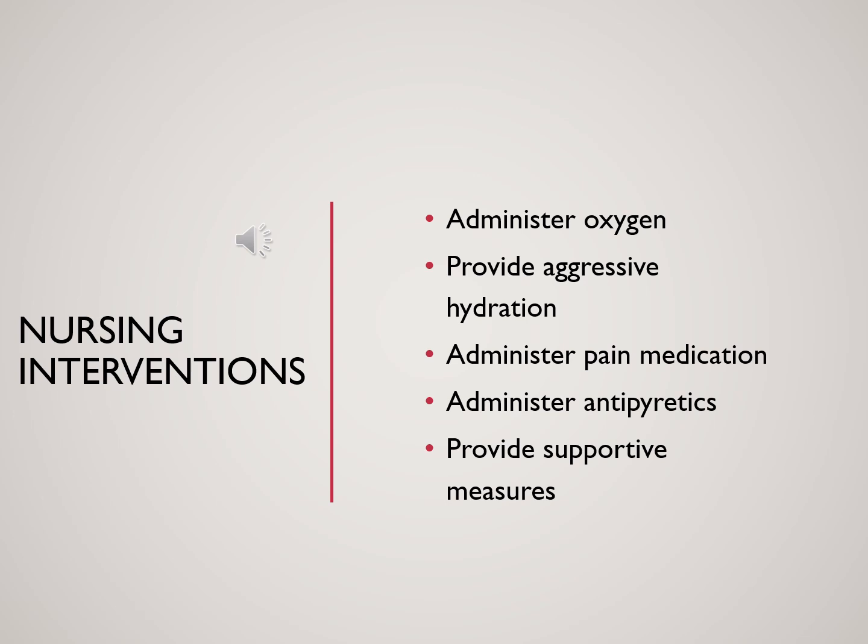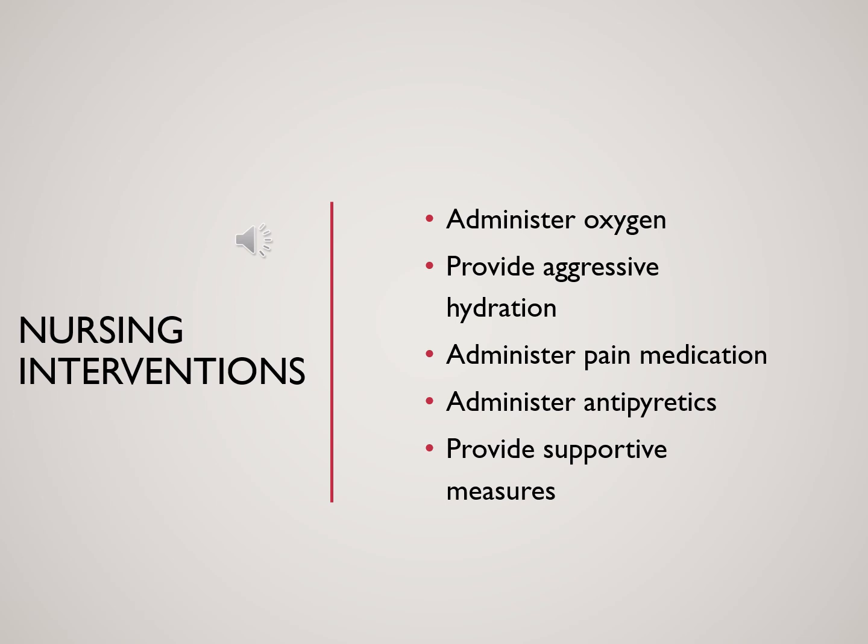We're going to administer pain medication. Analgesia, usually opioids, is going to help manage the pain caused by vaso-occlusion. We may have to do blood transfusions, administer maybe antipyretics if there's a fever, provide supportive measures.